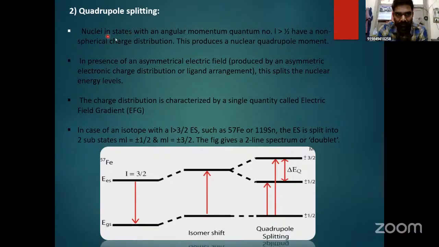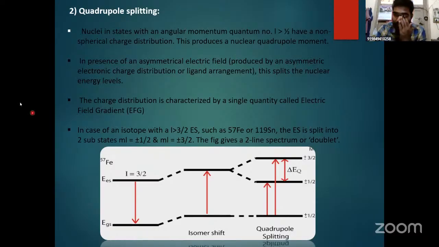So the nuclei states which have angular momentum greater than half have non-spherical charge distribution. There will not be a spherical charge distribution for the nuclei with angular momentum greater than half. So these types of nuclei will produce a nuclear quadrupole moment.